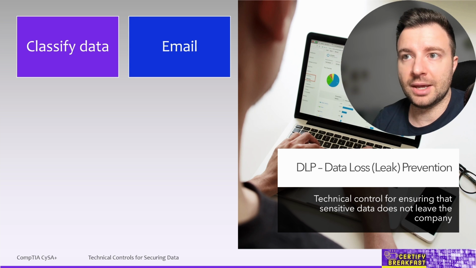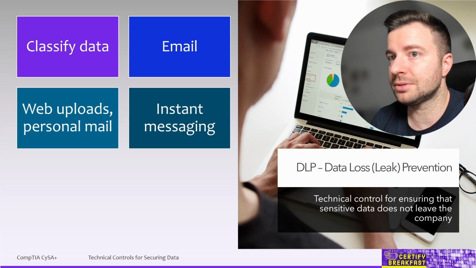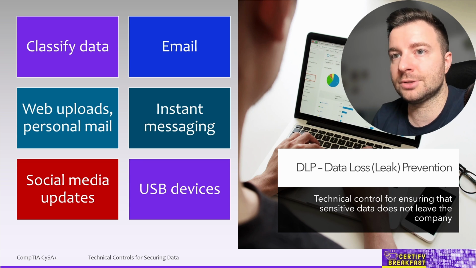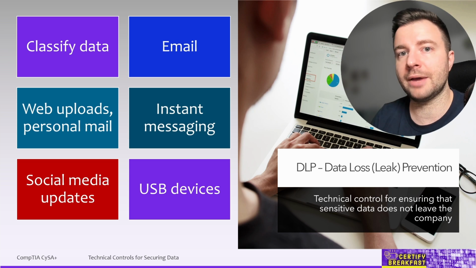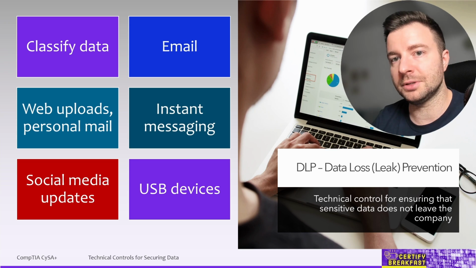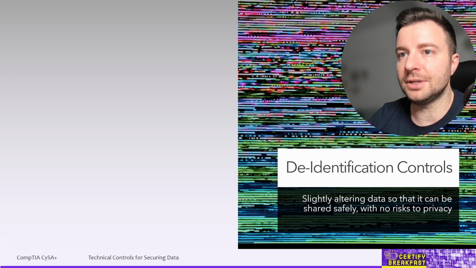Now, these channels can include things like email, web uploads, including to personal email services, instant messaging, of course social media uploads, or even uploading files to external peripheral devices such as USB drives. So they all have to be taken into consideration to secure data, as in not allowing it to leave your premises, your company.